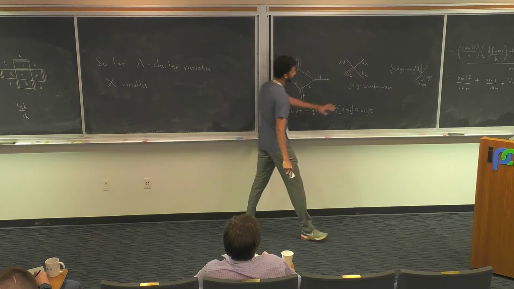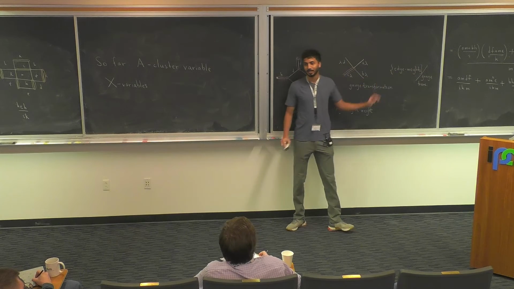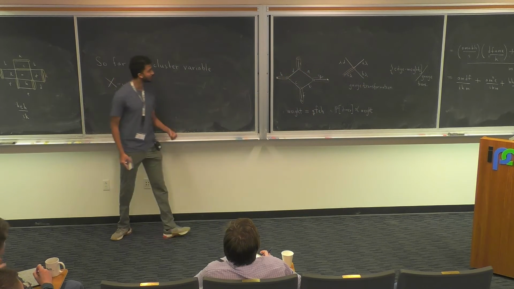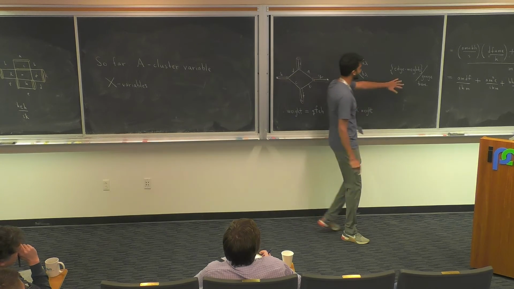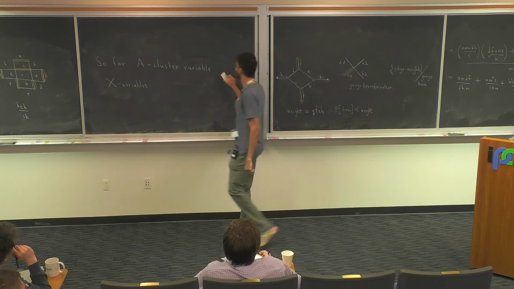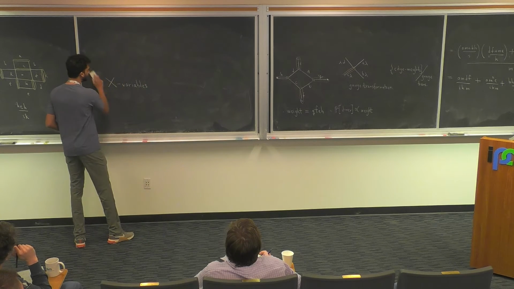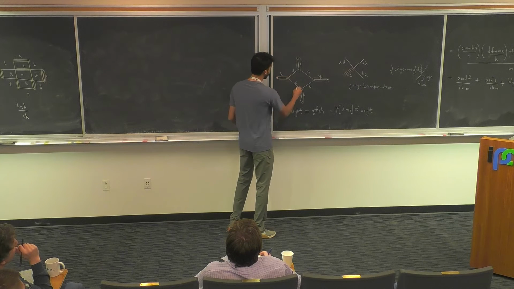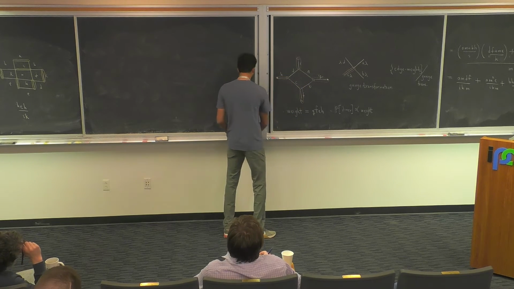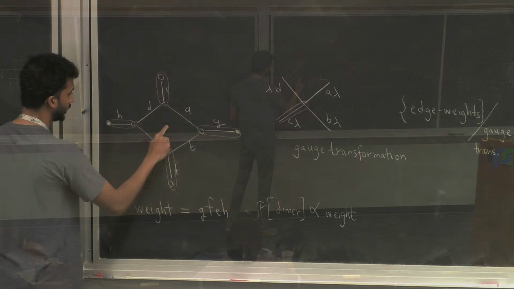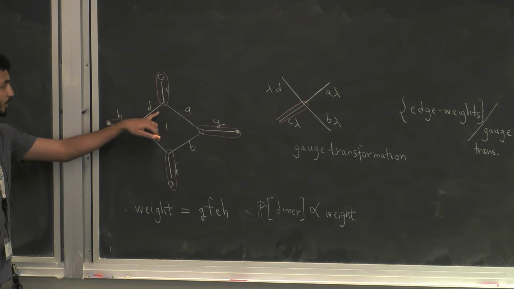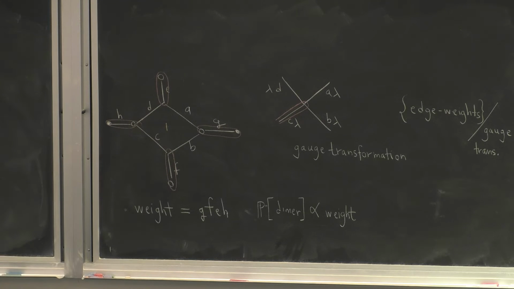So these edge weights themselves are not coordinates on the space of edge weights modulo gauge transformations, because they're not well defined. When you do gauge transformations, they change. So what are actual well-defined coordinates on this space? Here's the idea. If you look at any face, so suppose I look at this face over here, and I call it 1. Then I can take the alternating product of weights of edges that appear around that face.